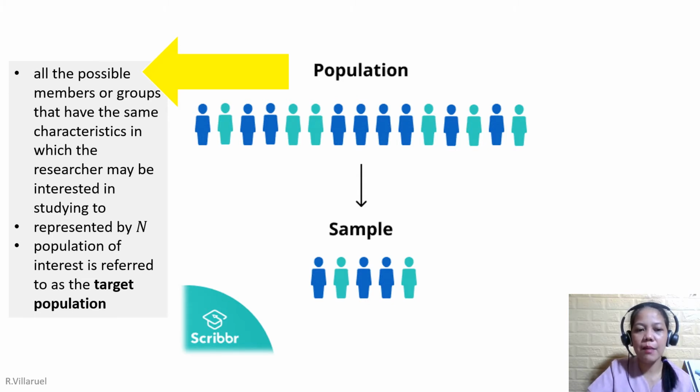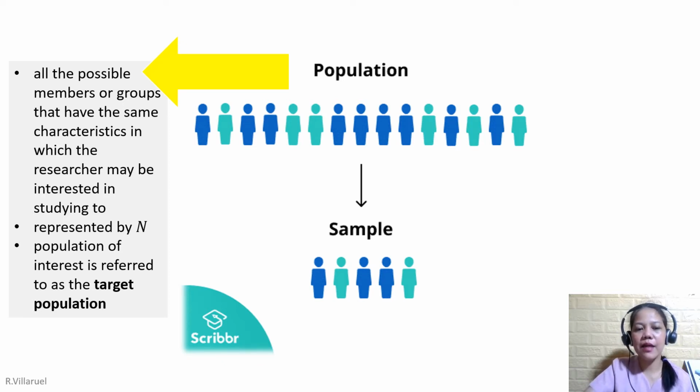It is represented by capital N. So remember the phrase same characteristics. Halimbawa, mga nag-aaral sa Shilito Zamora Senior High School. So, automatically, ang population nyo ay ang grade 11 at grade 12.